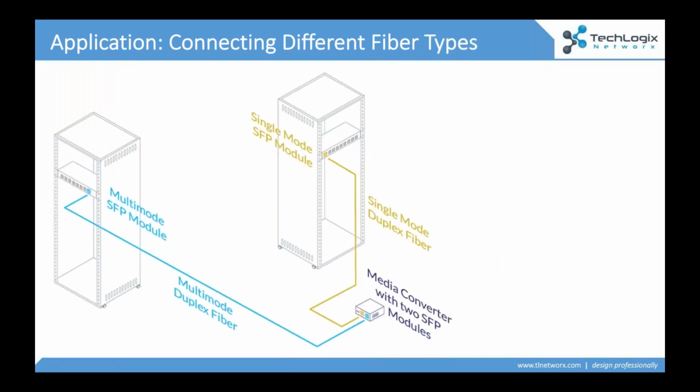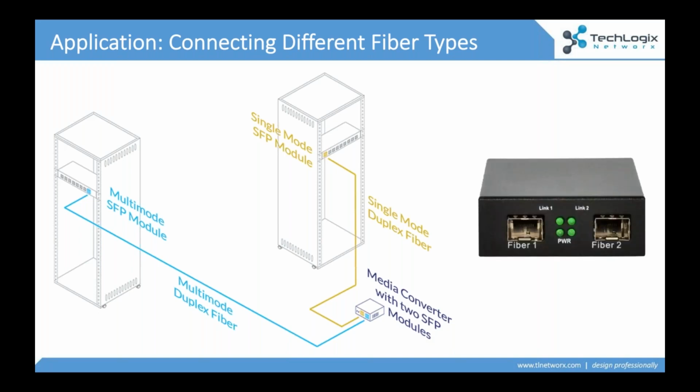Final product we want to talk about today, we're coming up on our time limit. This tends to be a little bit specialized in terms of application, but converting one type of fiber to the other type of fiber does come up. The same philosophy as the media converter that takes a twisted pair signal and converts it to an optical signal, the same type of electronics can apply to fiber distribution.